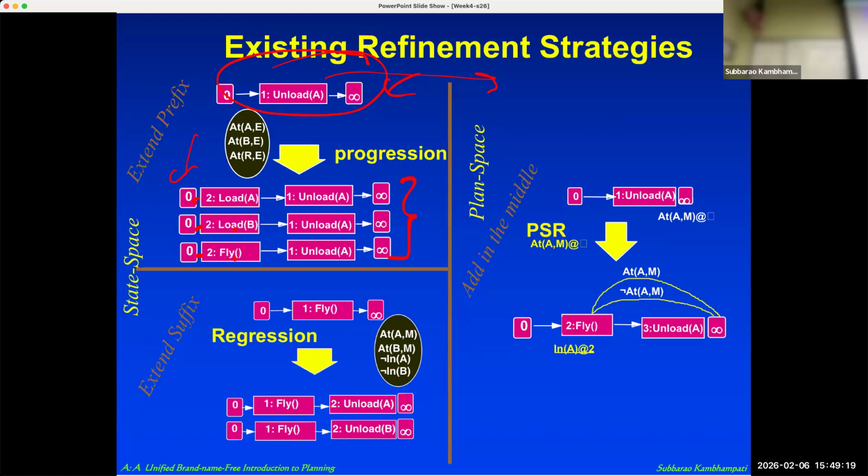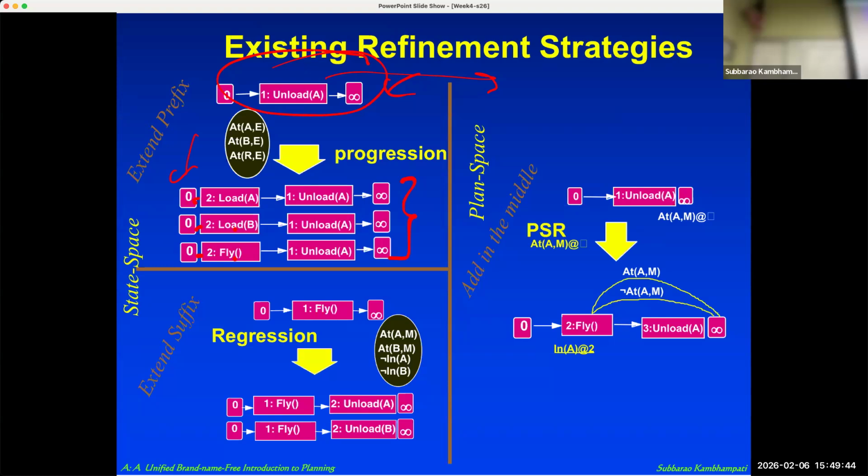I can do progression. What I have to do is take this plan and ask, what can be the first action after 0? What will be the very first action from the initial state? Progression will tell you that whatever actions have their preconditions satisfied in the initial state can be the first action. So imagine it turns out loading A, loading B, and flying are all the possible first actions for the rocket domain.